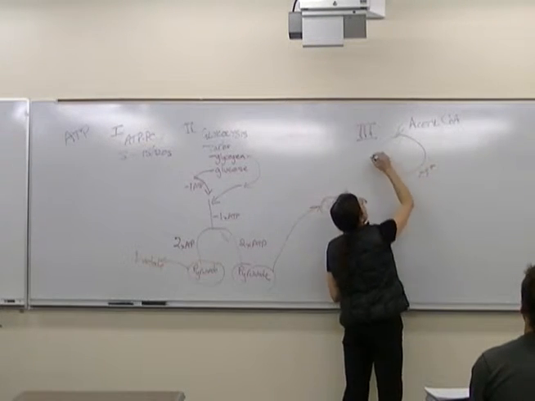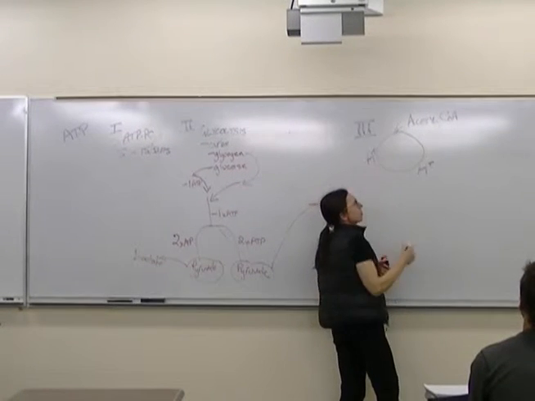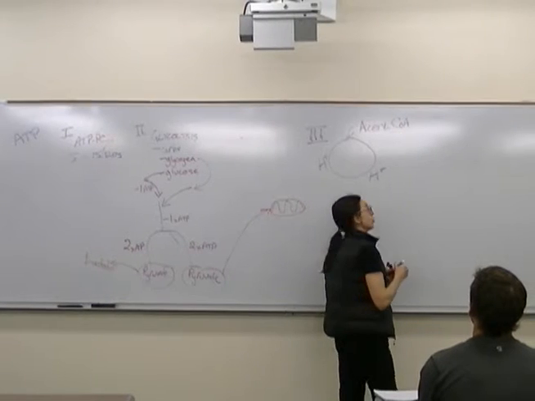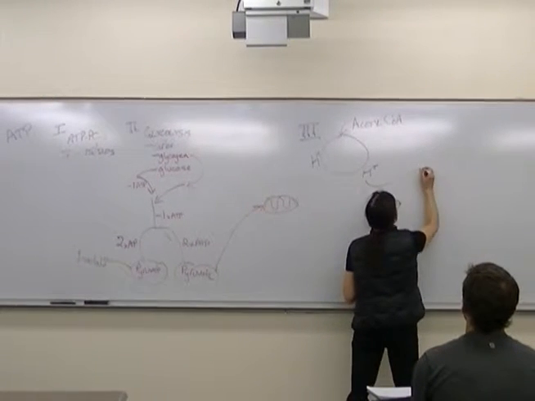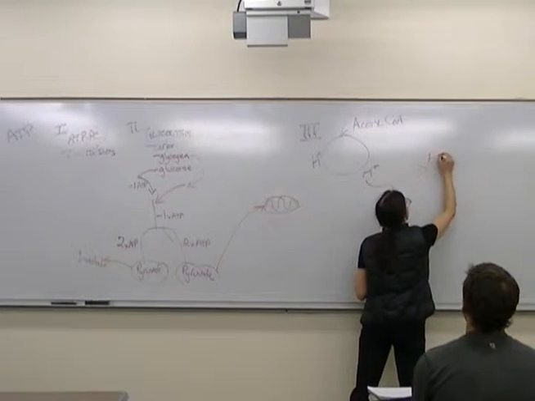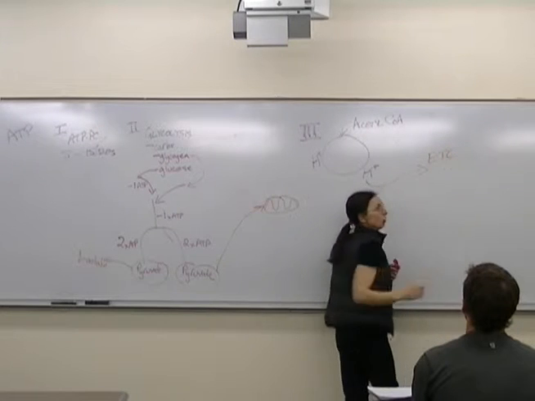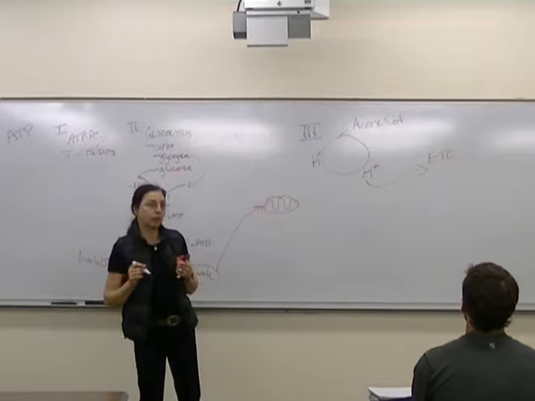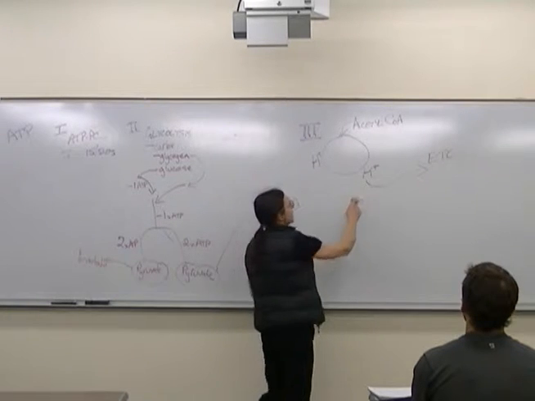So, during my Krebs cycle, I give off lots of hydrogen. I am going to shuttle my hydrogen where? ETC or ETS, depending on where you're looking. What's the bus?